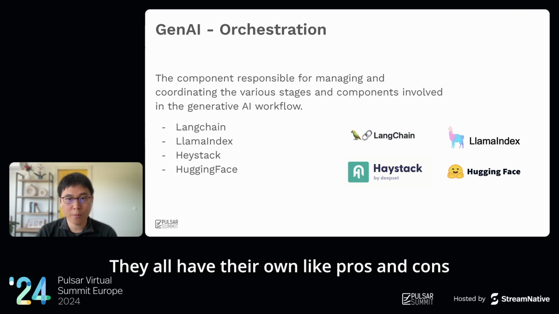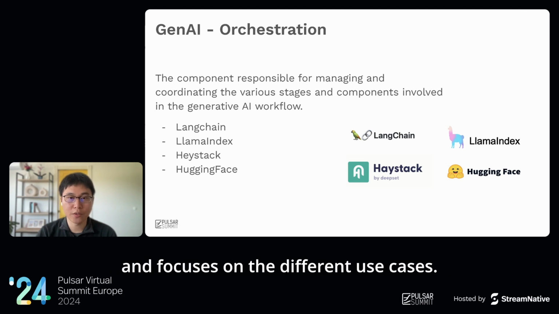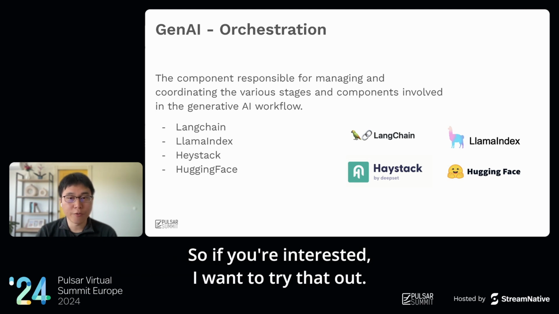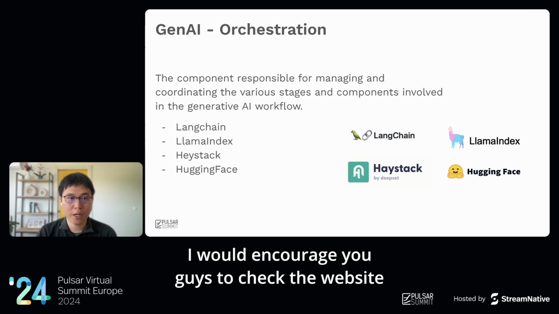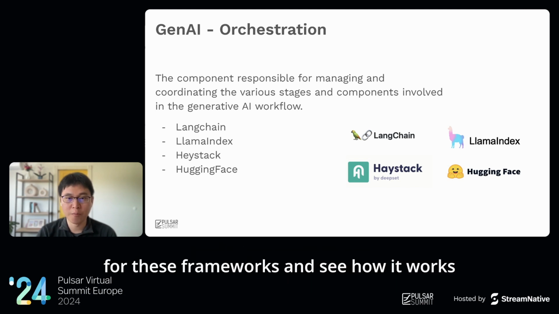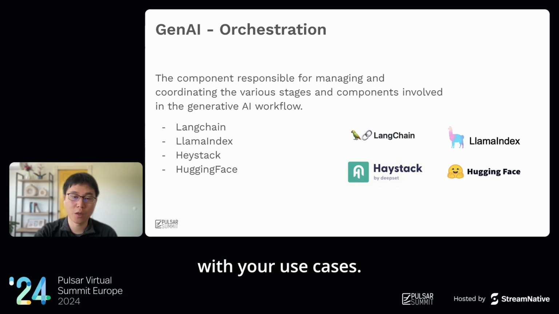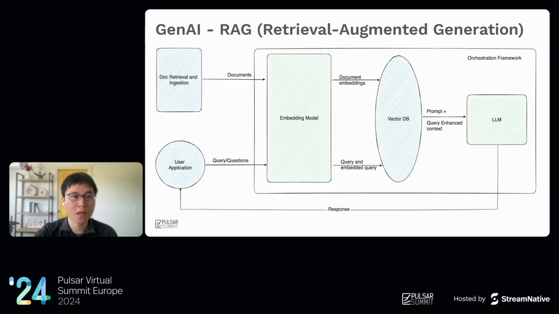They all have their own pros and cons and focus on different use cases. If you're interested or want to try them out, I would encourage you to check the websites for these frameworks and see how they work with your use cases.